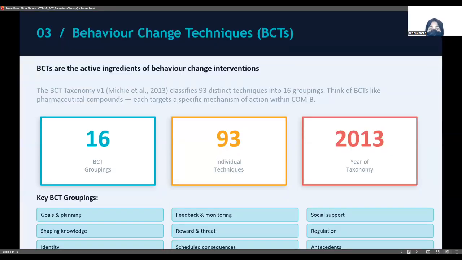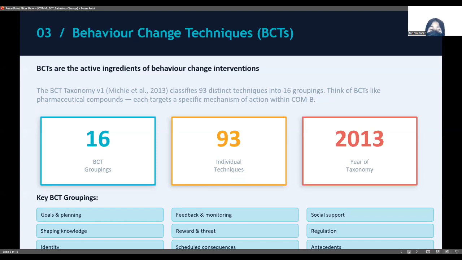Then we have behavior change techniques. BCTs are the active ingredients of behavior change interventions. The BCT Taxonomy v1 classifies 93 distinct techniques into 16 groupings. Think of BCTs, that is behavior change techniques, like pharmaceutical compounds. Each targets a specific mechanism of action within the COM-B model.